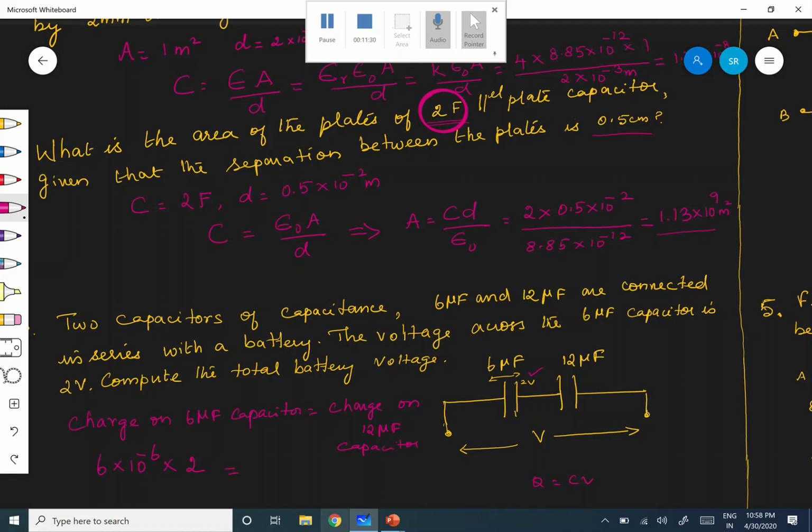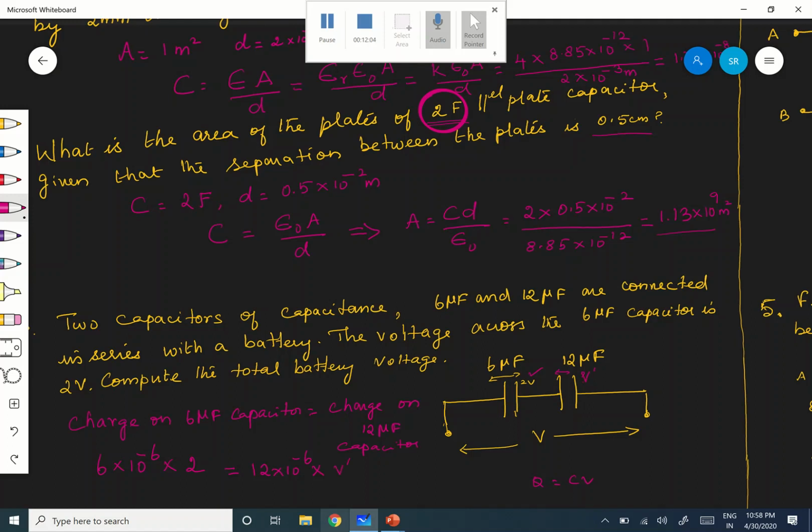That is equal to the charge on the 12 microfarad capacitor. 12 microfarad means 12 into 10 power minus 6, into the voltage across it. We don't have an idea of that voltage, so let it be V dash.